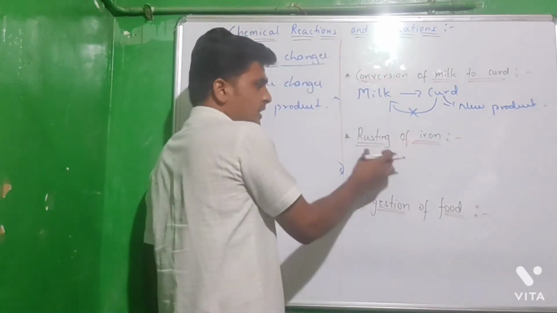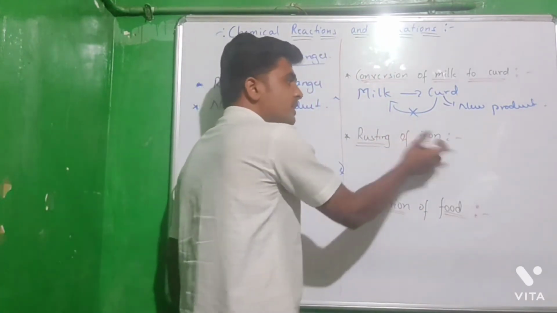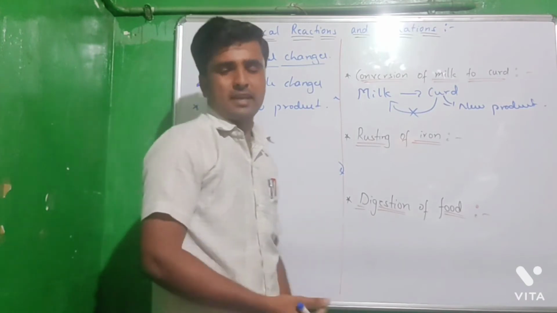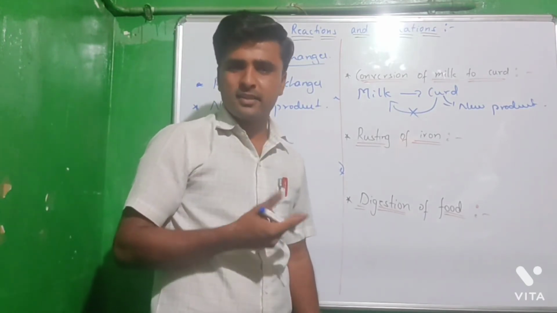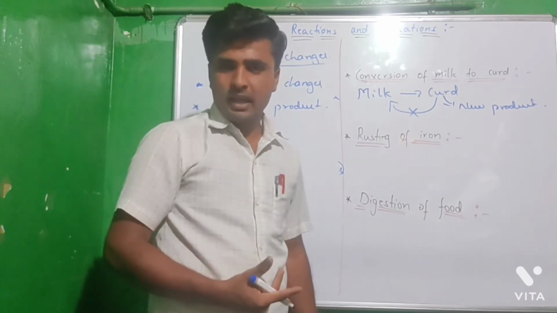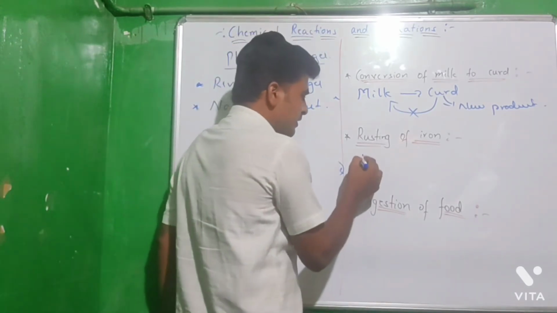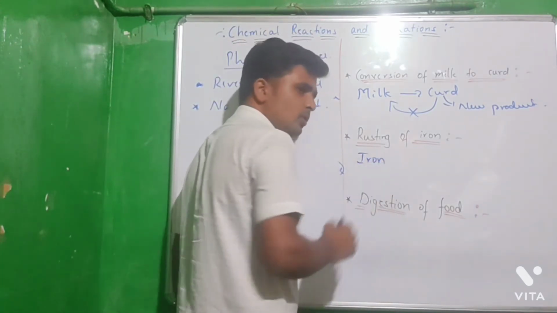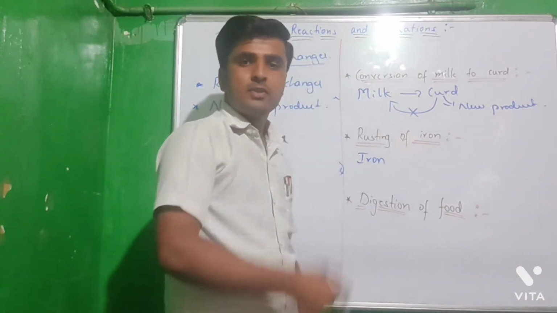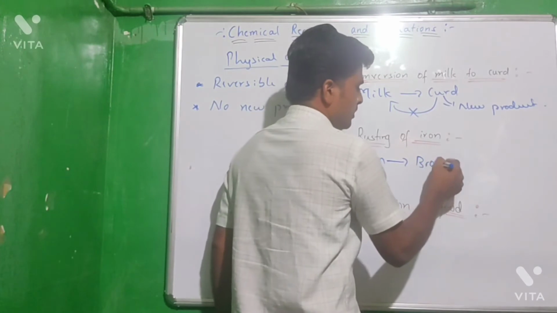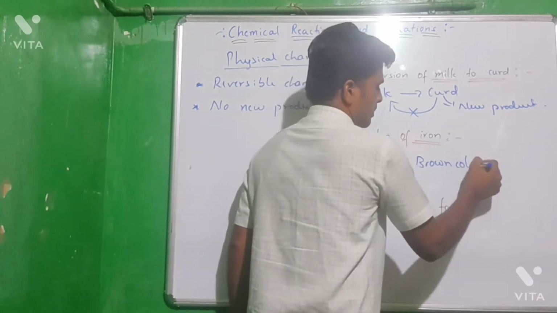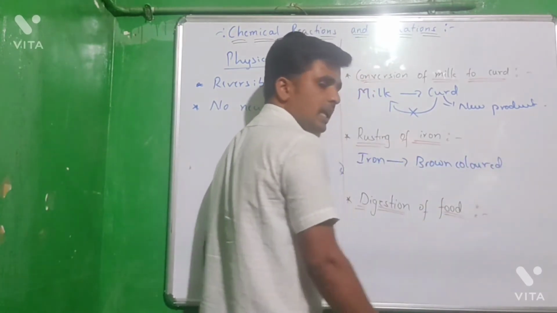Consider the next example, that is rusting of iron. What is the rusting of iron? That is the rusting of iron. Listen here. If iron undergoes the reaction in the presence of moisture, what will happen? There is a formation of a brown colored coating on the iron.